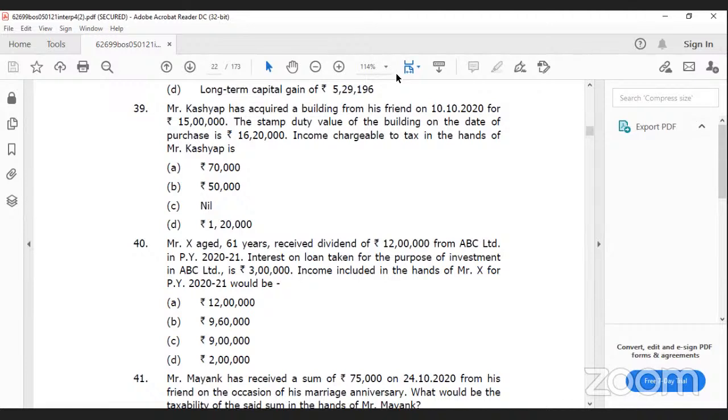Higher of 50,000 or 10% of sale consideration. कितना है sale consideration? 15 lakhs. उसका 10% कितना हुआ? 1,50,000. तो higher of 50,000 or 1,50,000 कितना है? Higher is 1,50,000. Is your inadequate consideration more than 1,50,000? No, sorry. No, 1,20,000. Check answer. It should be nil. Let's check. I'll explain again.